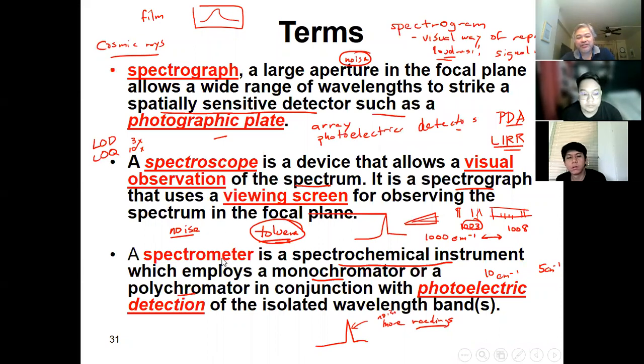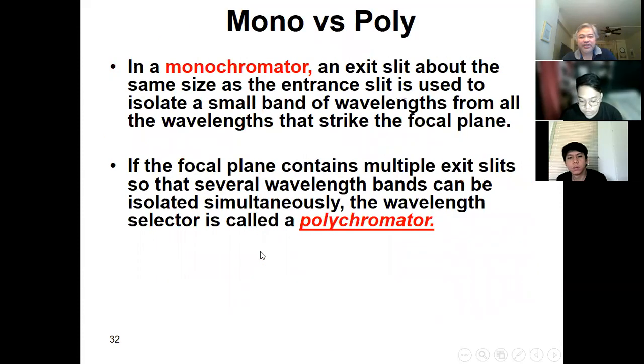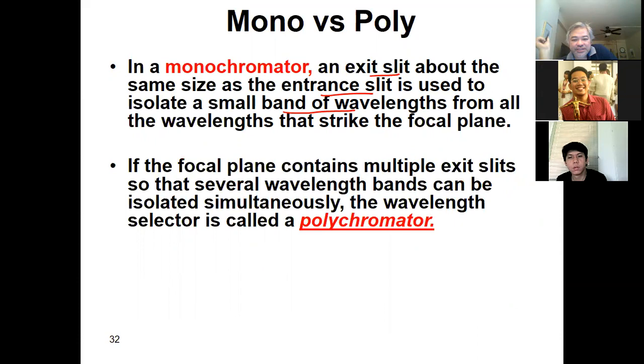Now, if we talk about the spectrometer, we have the monochromator and the polychromator. In the monochromator, the exit slit is about the same size as the entrance slit, and it is used to isolate a small band of wavelengths from all the wavelengths that strike the focal plane. What do you think would happen if they're not the same size?